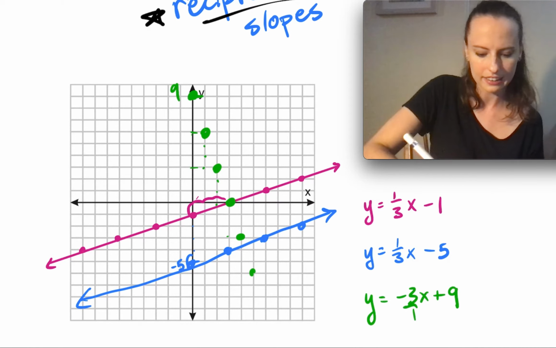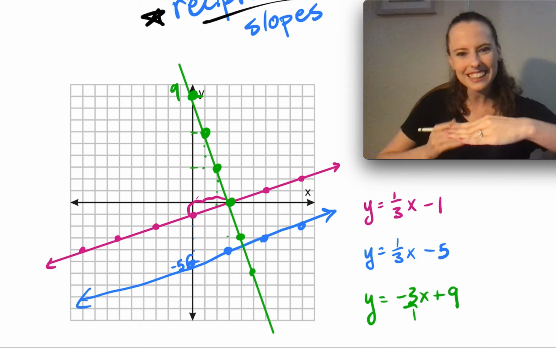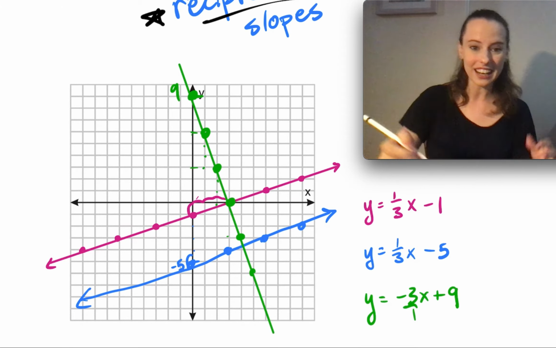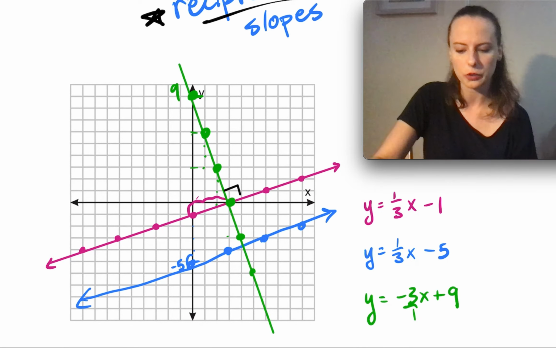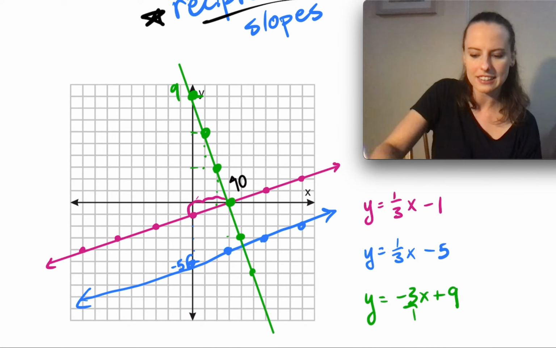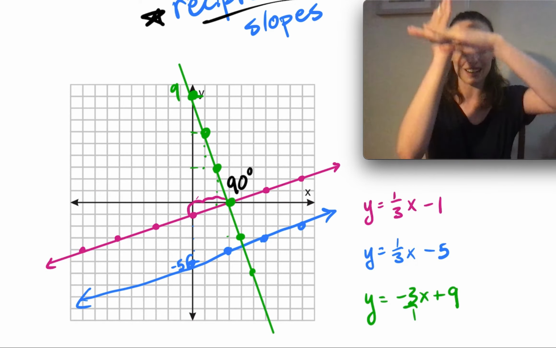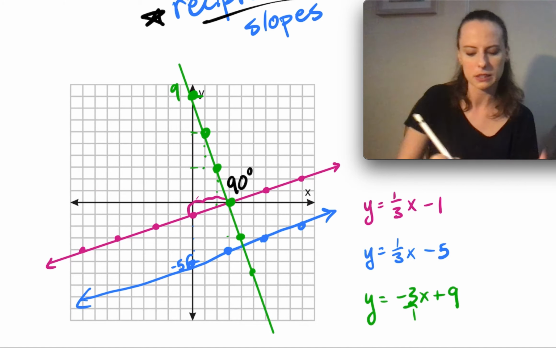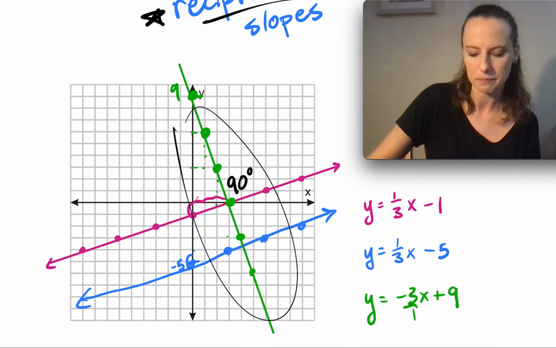And if I connect these dots, you see how the pink and the green lines, and actually the blue as well, they cross at that 90-degree angle. So we can see how these opposite reciprocal slopes cause that perfect right angle between the two lines that are parallel and this one that crosses them.